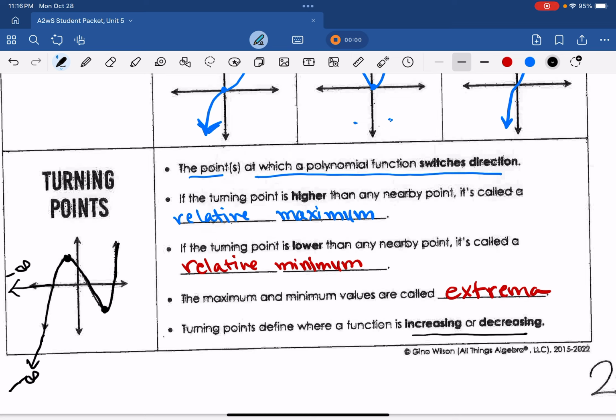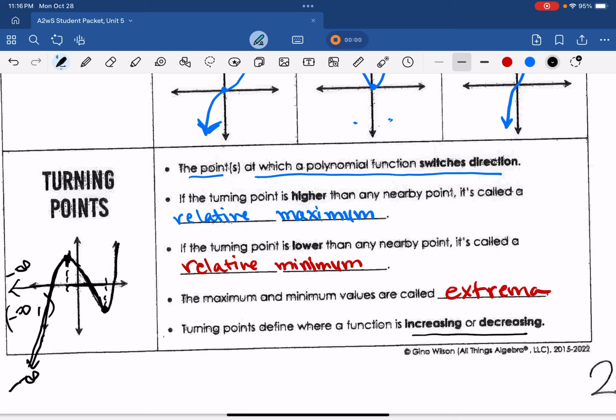So our graph is increasing, meaning it's going up, up, up, and then it's stopping right here. So from negative infinity to this point right here on the x-axis, we have a positive or an increasing interval. From this point to this point, so in between, is where our graph is decreasing.